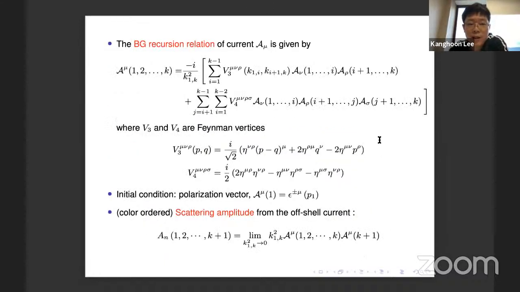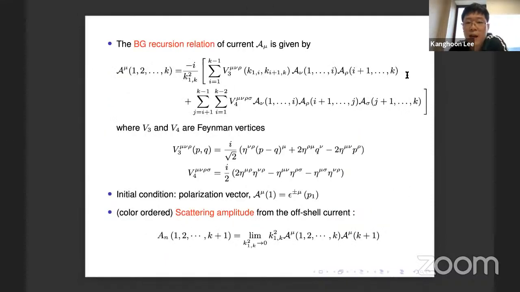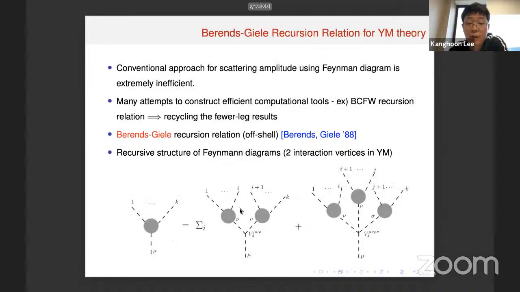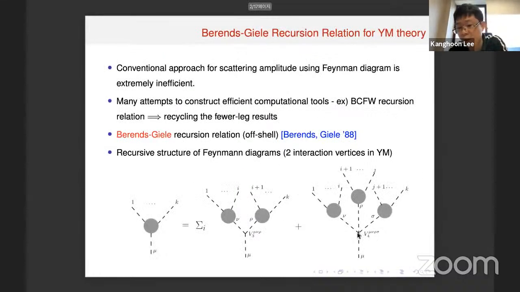So this is the equation for this diagram. This blob always represents a current. The first line represents the first diagram, and the next one represents the 4-point vertex.